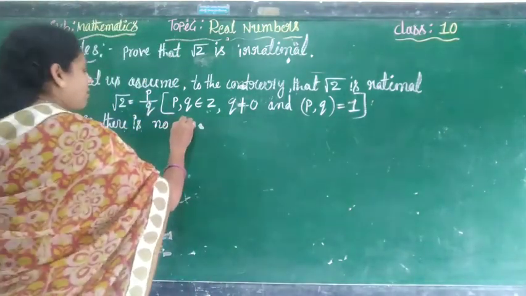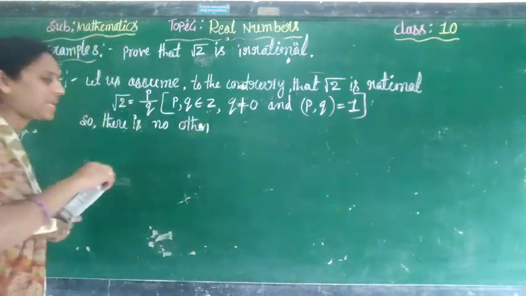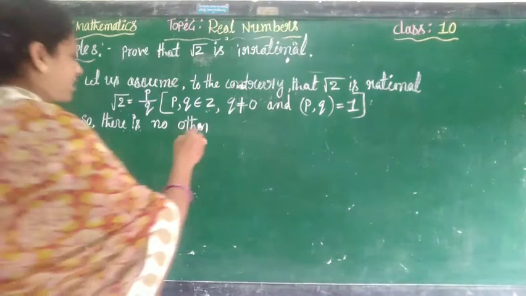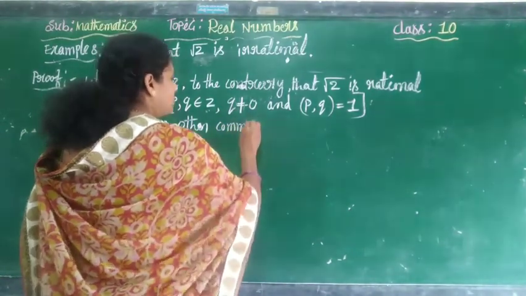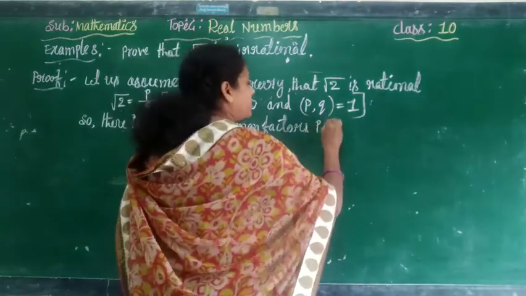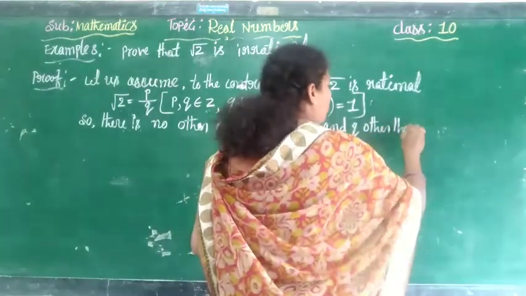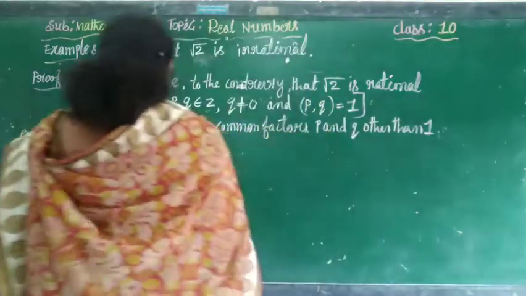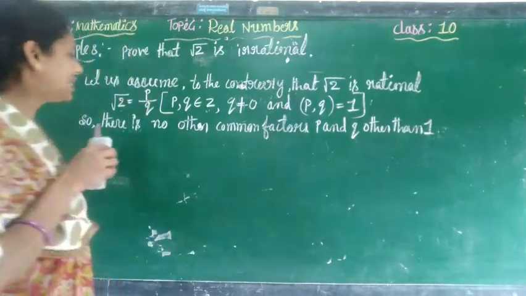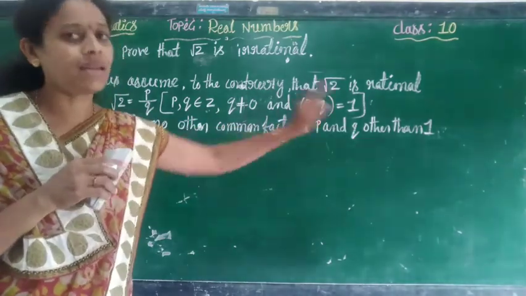There is no other common factors of P and Q rather than 1. Once again, so gcd of P, Q is equal to 1. So there is no other common factors of P and Q other than 1.